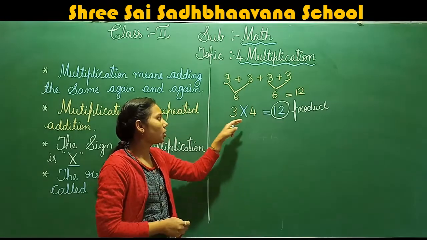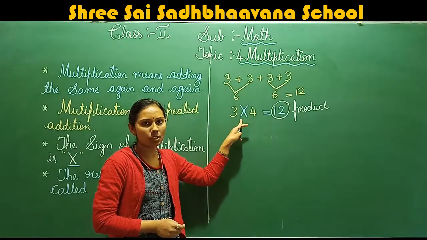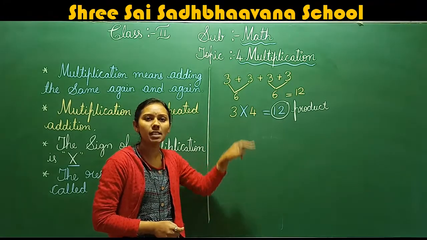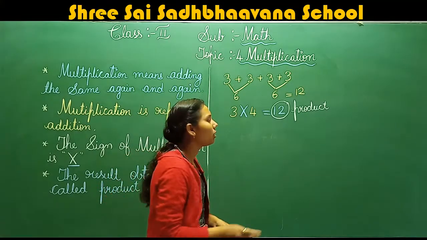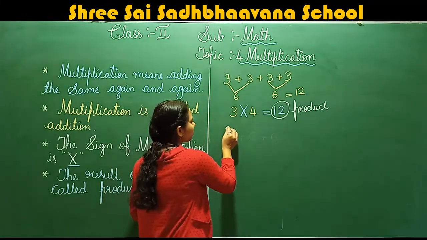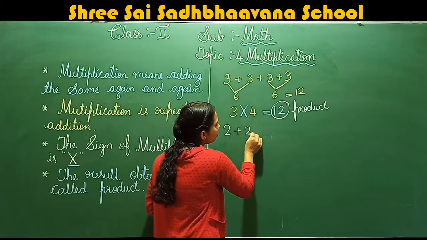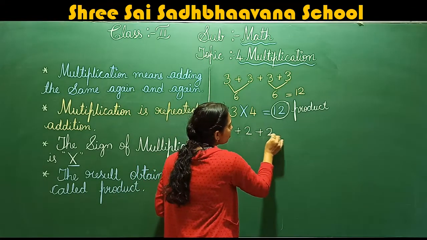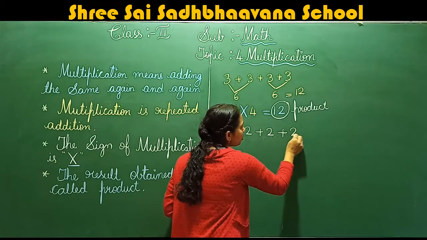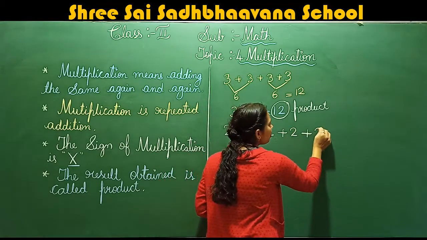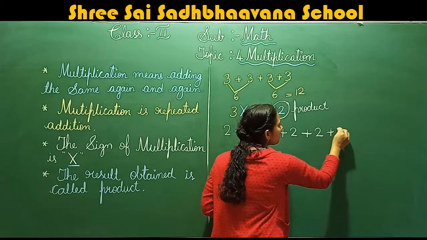Okay children, so we use multiplication to make the sum easier. Okay, one more example I'll give. 2 plus 2 plus 2 plus 2 plus 2 plus 2.